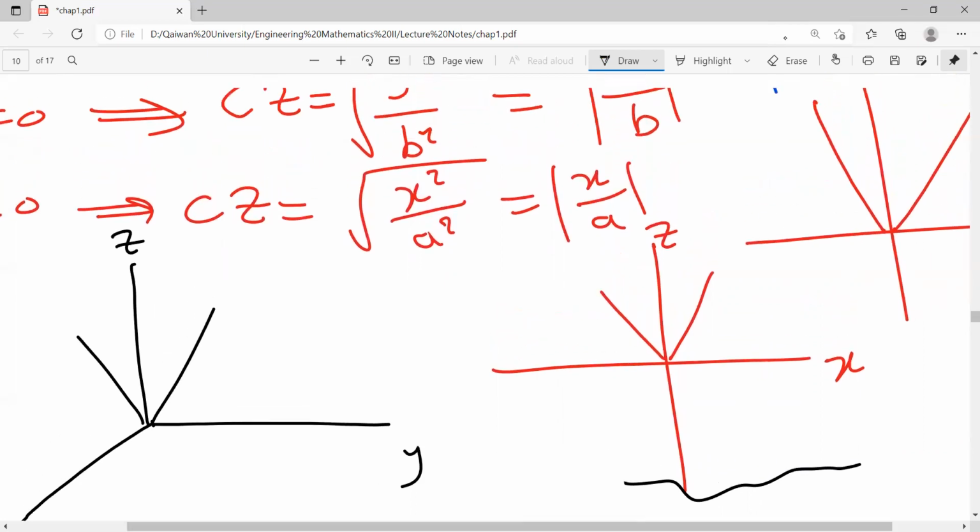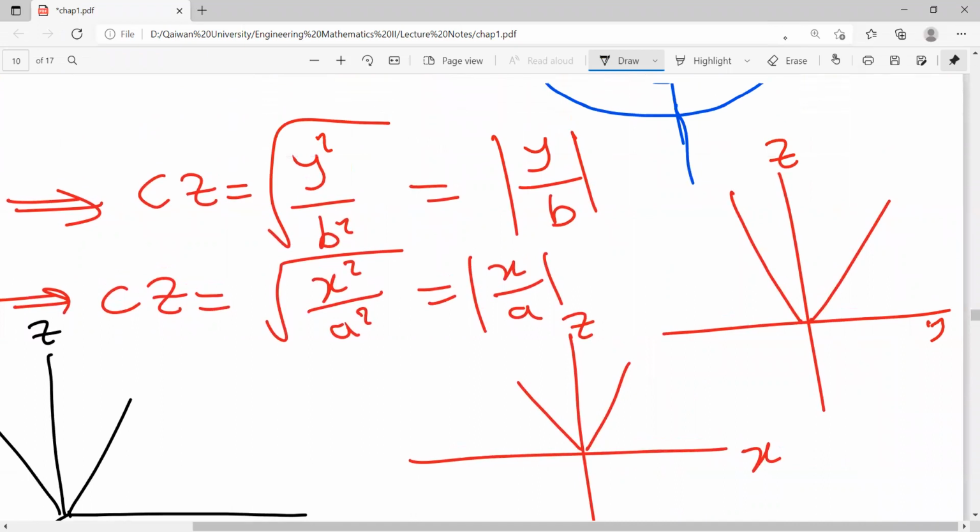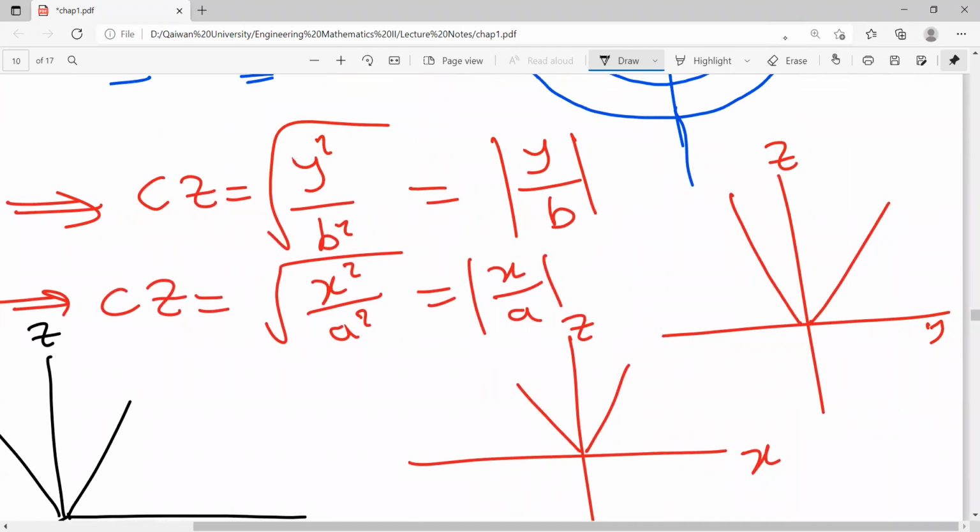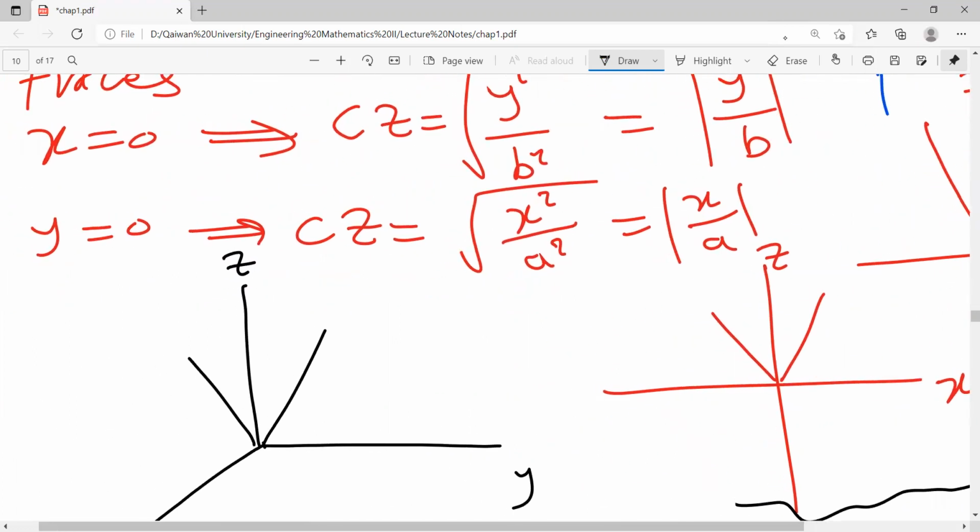And then we have another V shape between Y and Z. We have one like this and one like this.